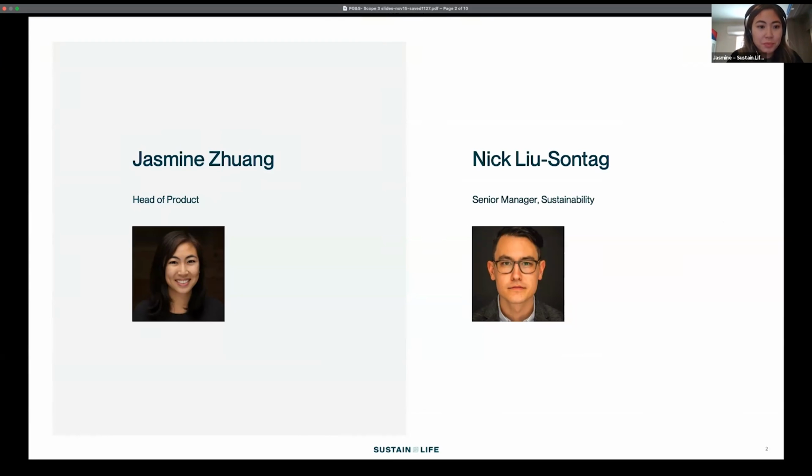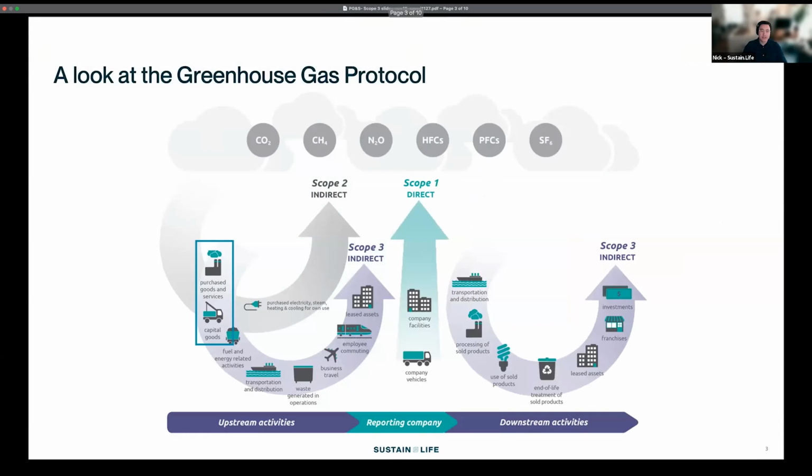Great, thank you. So just to make sure that we're all on the same page, I want to set down some definitions for what we're talking about today. If you've done any greenhouse gas accounting, you've probably seen this diagram on your screen. This is the greenhouse gas protocol's value chain diagram. Some of this is going to be review for some of you, but the greenhouse gas protocol is split into 3 different scopes.